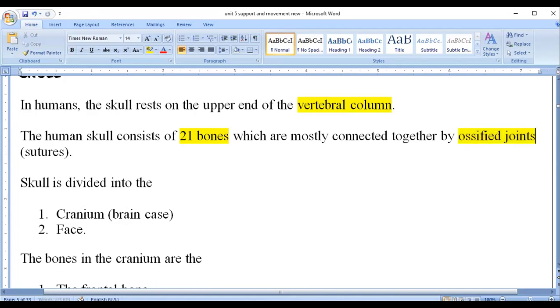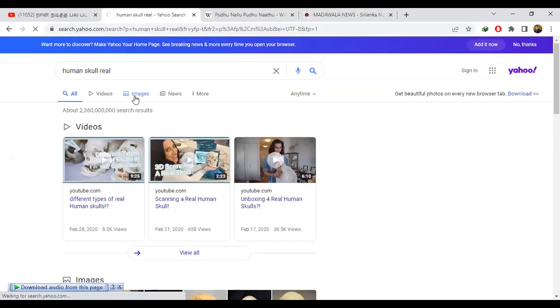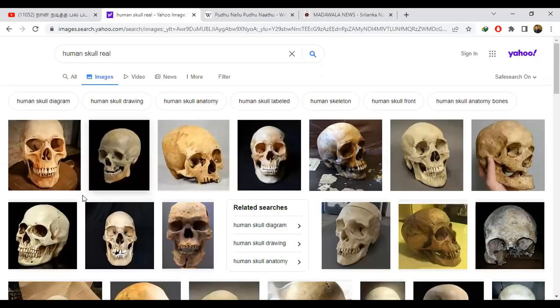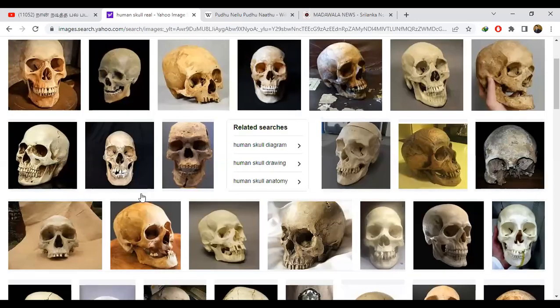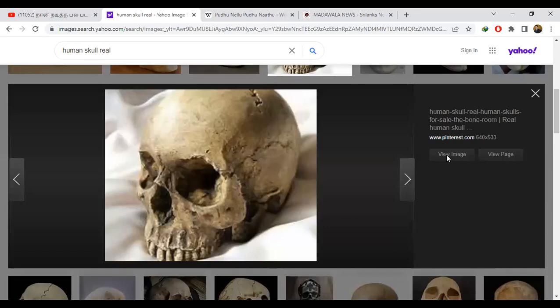If you want to get an idea regarding these joints, in the skull you will see stitch-like units. Here I chose a picture to show you that.